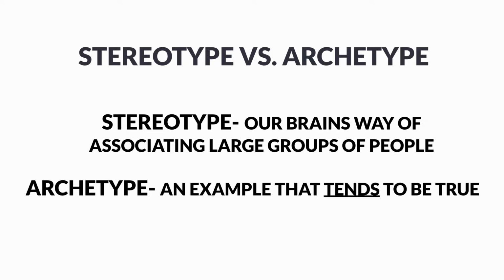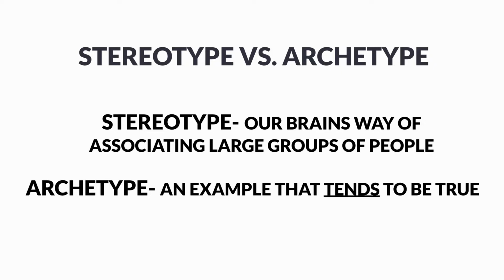So a stereotype is something that we want to run very far away from, which we all know how stereotypes come about, but an archetype is important. It's really something that tends to be true. So it doesn't label something unnecessarily, but it has more of a studious connotation.